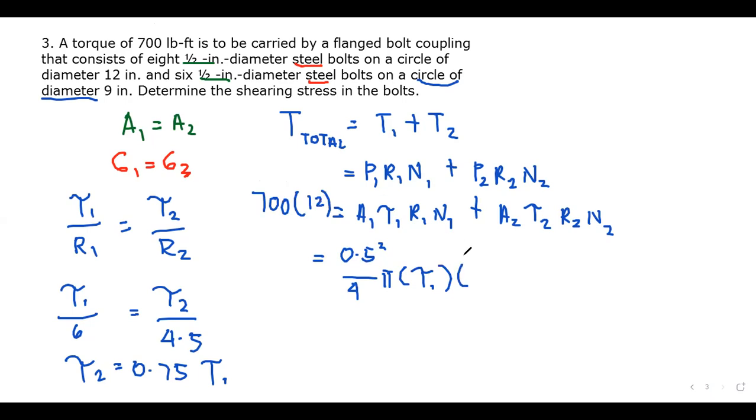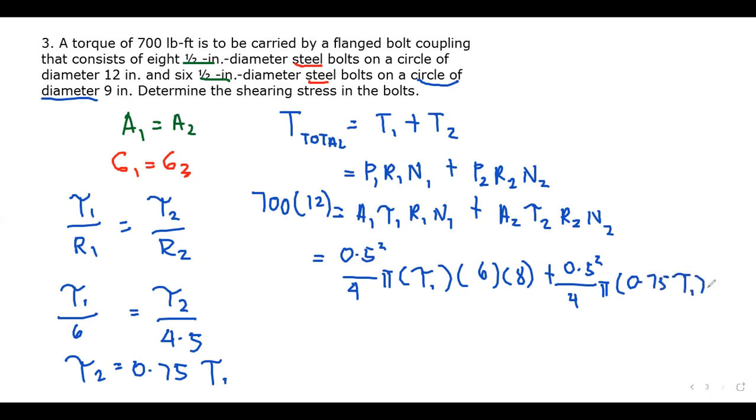Okay? Multiplied by R1, which is 6, multiplied by number of bolts na 12. Tama ba? Hindi, ilan? Consists 8 pala. 8. Plus 0.5 squared over 4 pi. Tapos, gamit natin tau 2 is 0.75 tau 1. Ay, 0.75 T1. Para, yun na lang yung nawawala sa atin.